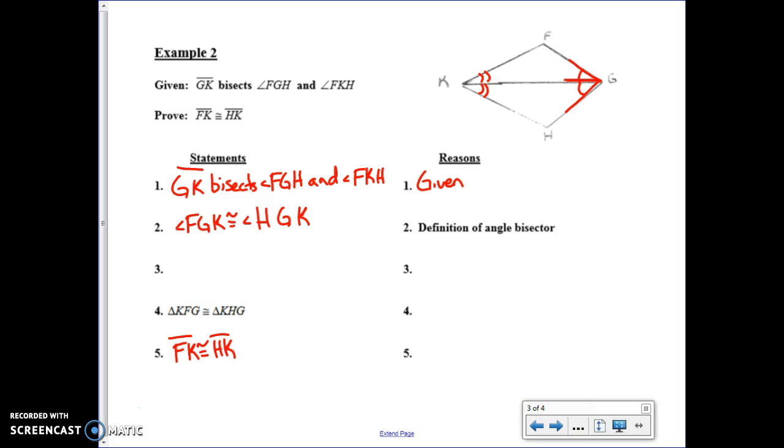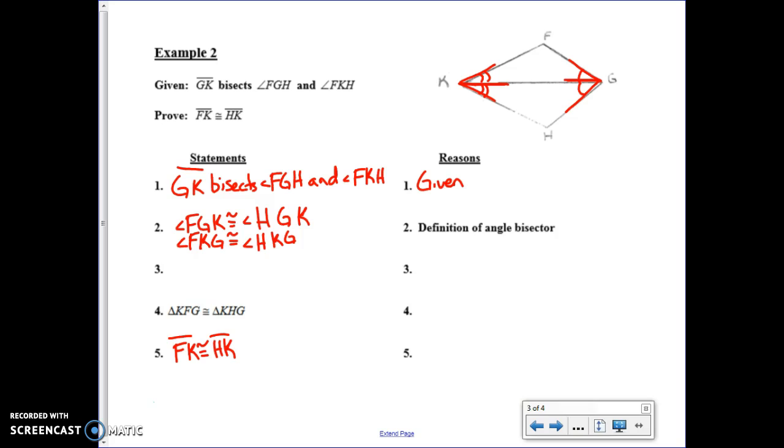So again, if I trace, I have angle FKG, and this is still in statement 2. We haven't moved on to statement 3. FKG is congruent to angle HKG, by definition of an angle bisector.